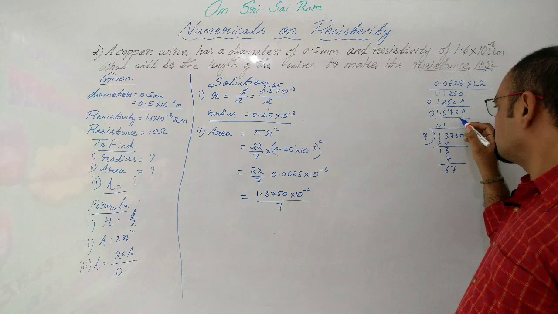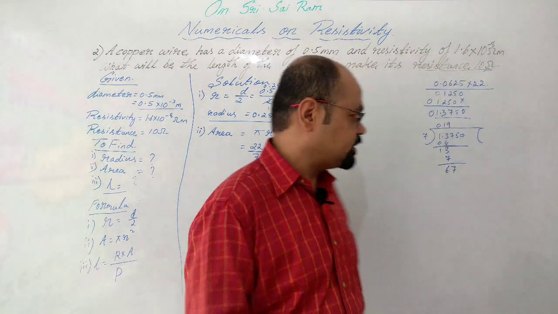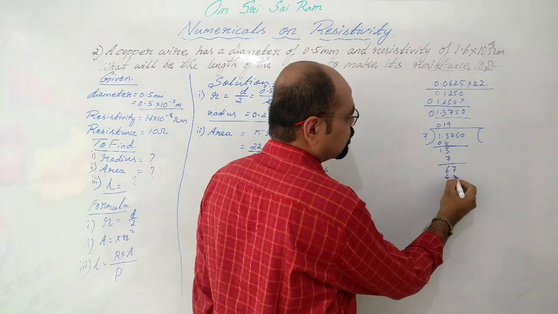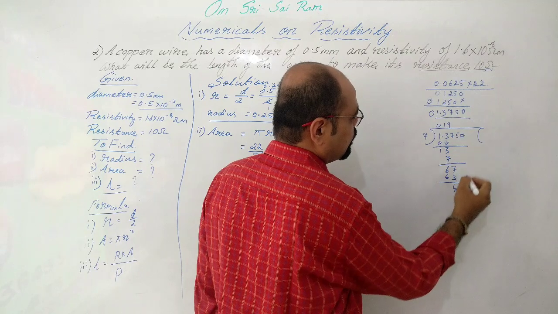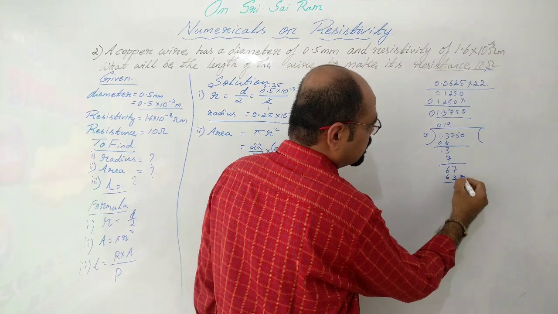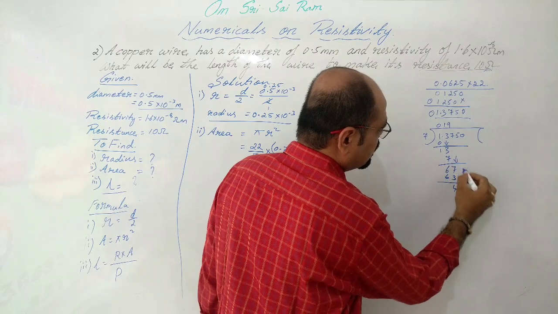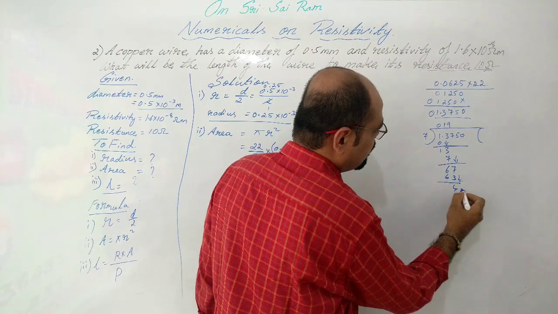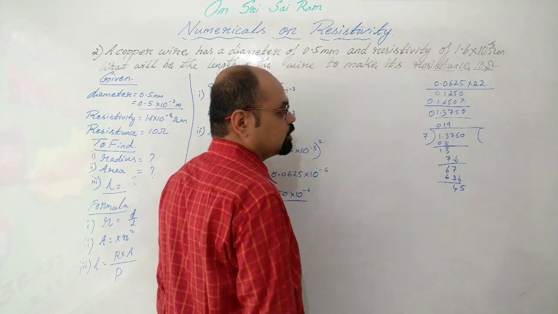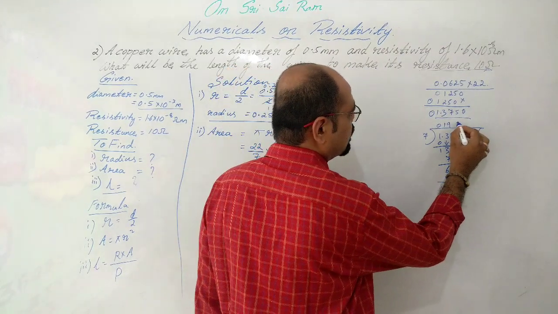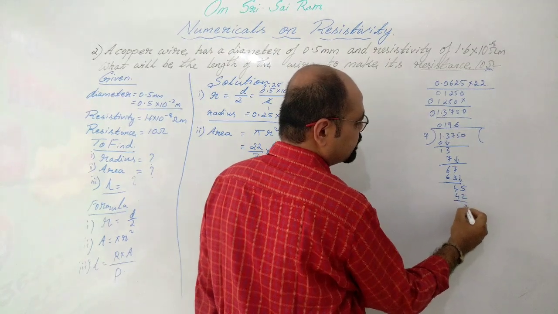So 7 nines are 63. 7 minus 3 is 4. We have taken 3 and 7 down; now we will take the 5. So 7 6s are 42. 5 minus 2 is 3.